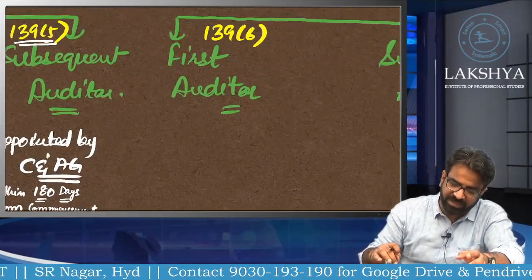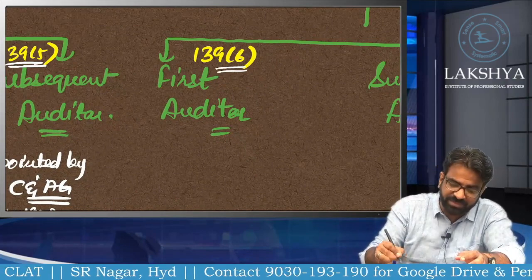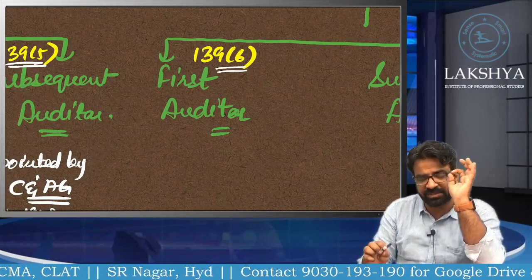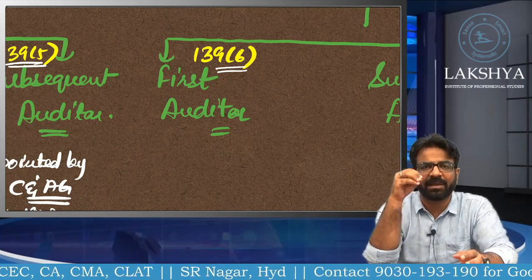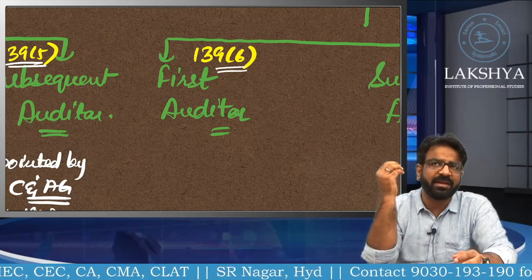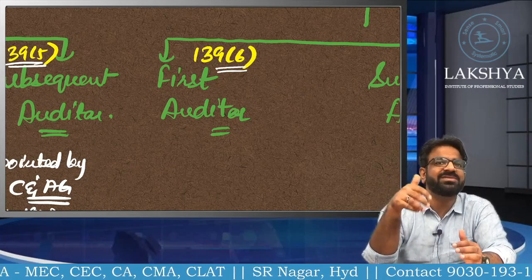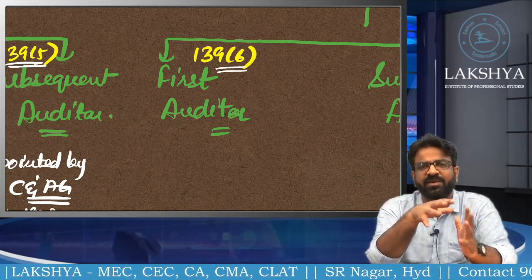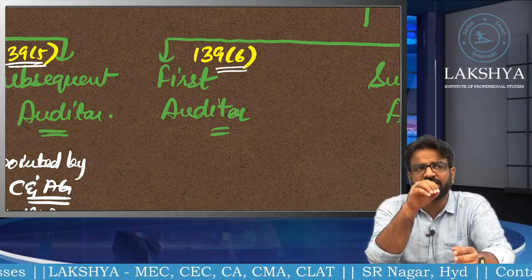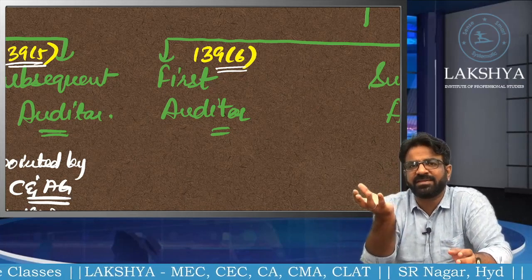So let us understand the section number, first, 139 subsection 6. Understand one thing, sir. What was the difference you found between intermediate IPCC level and CA final? In the intermediate IPCC level, even if you were not quoting the section, it was comfortable in the examination. But when it comes to CA final, there is nothing like that.